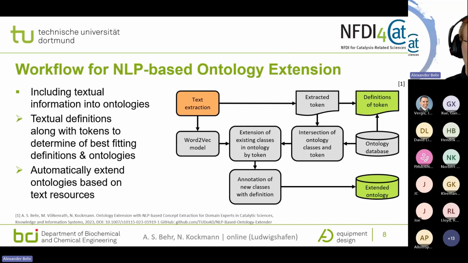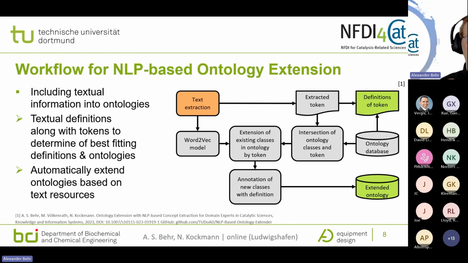And so we tried this approach where we started with the text extraction and trained our word2vec model basically as I've shown to you before. And we also took our extracted tokens and searched for the definitions of tokens in existing ontologies.